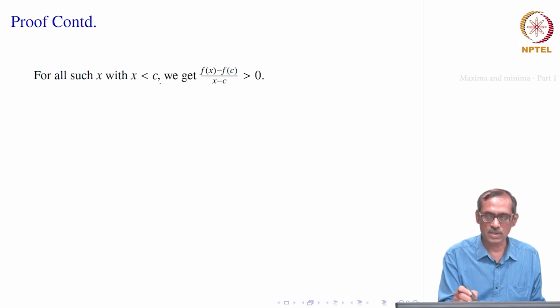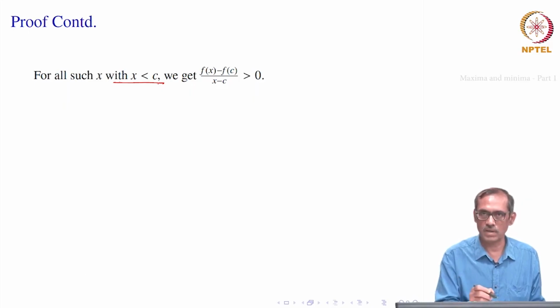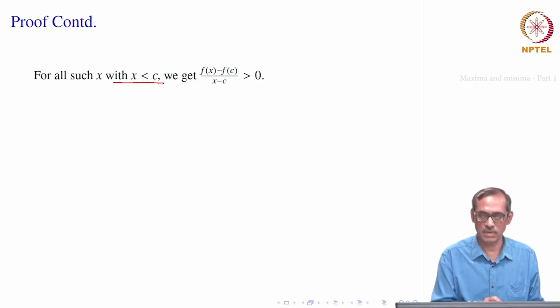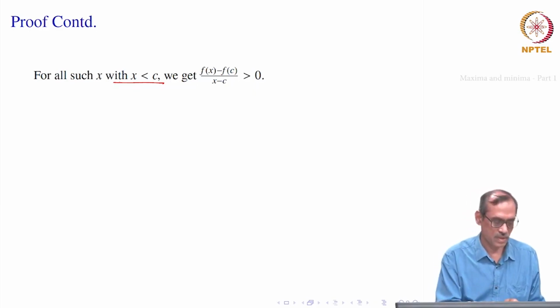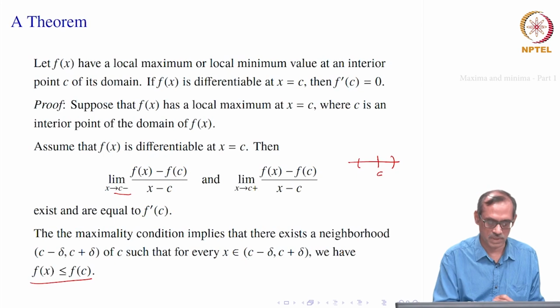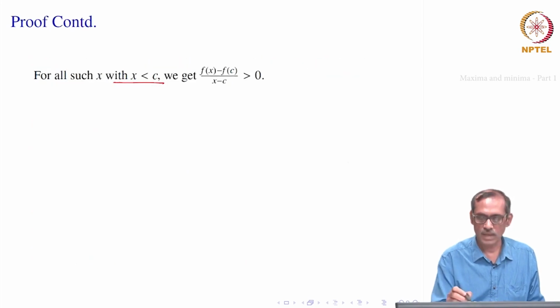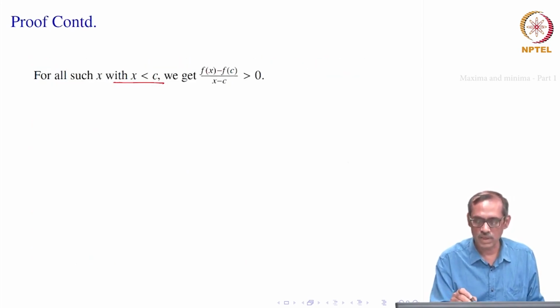So, now let us consider the left hand limit first. So, x is less than C, it is varying over a left neighborhood of C. Then what we get is f of C is maximum, so f of x must be less than or equal to f of C. Since f of x is less than or equal to f of C, f of x minus f of C will be less than or equal to 0.